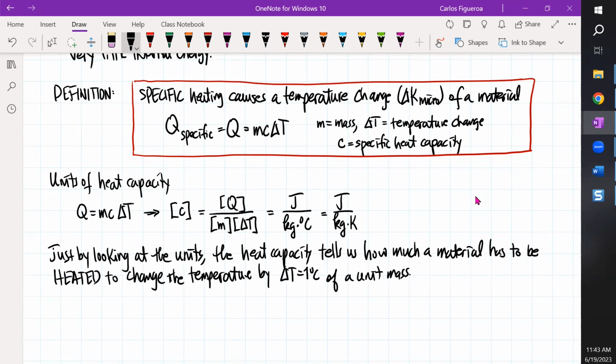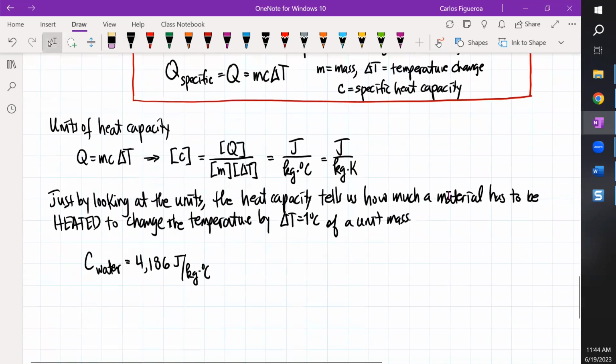So as an example, here's the heat capacity of water, which is one of the most important values in the first exam, which is 4,186 joules per kilogram degrees Celsius.